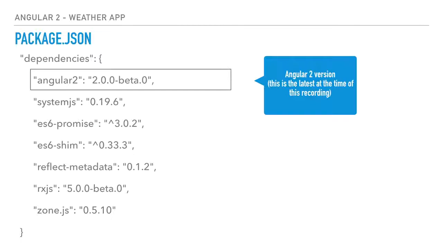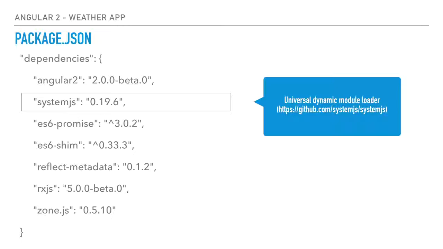About the dependencies that we specify in the package.json, obviously we need to specify Angular 2. In this case, when I started to do these video tutorials, it was beta 0. So far in 1 week, we are in beta 7. And probably when you start coding, it's going to be beta or hopefully the final release.